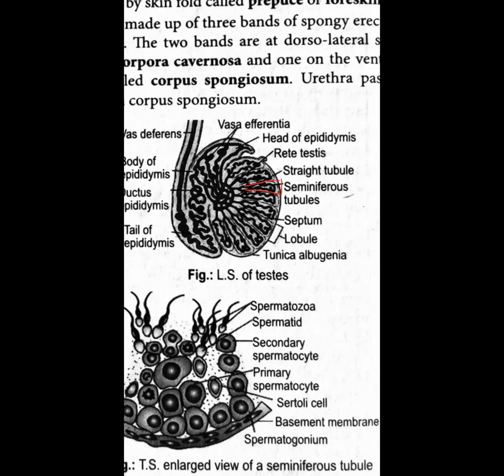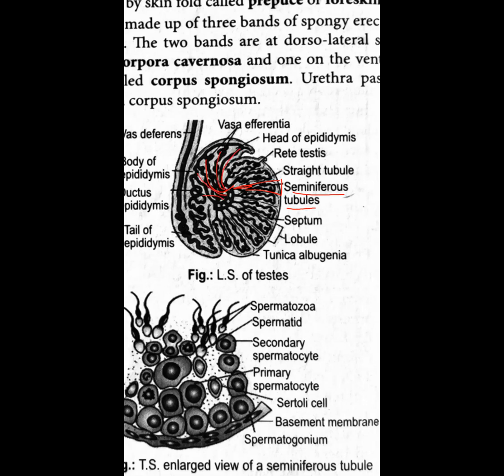Inside the testicular lobule you have the seminiferous tubule, which is going to produce sperms. After the sperms are produced, can you see this tube-like structure? Rete testis. This rete testis will give it to the vasa efferentia. Can you see the vasa efferentia is going to collect it and give it to a big, long tube.